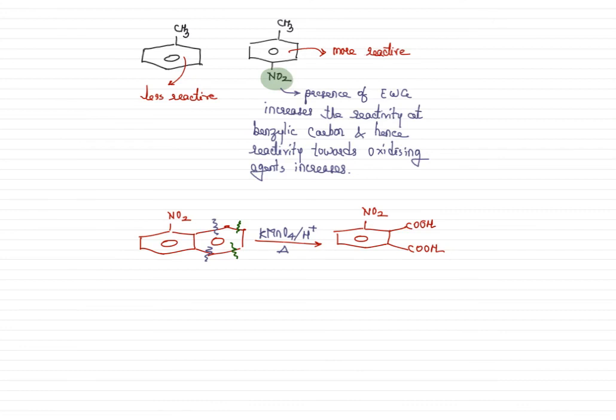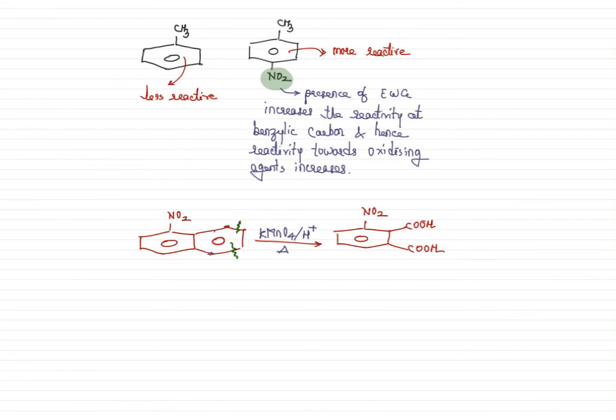So there are two possibilities, either these bonds get broken or these bonds get broken, but nitro present on the ring would increase the reactivity of the other ring, right? And that is why we have this.